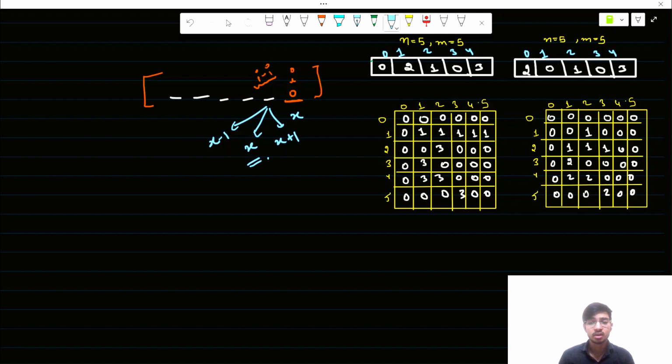Now, with the help of this, let's try to write the transition state. Suppose dp of i, j. What does dp of i, j represent? Let me write it here.